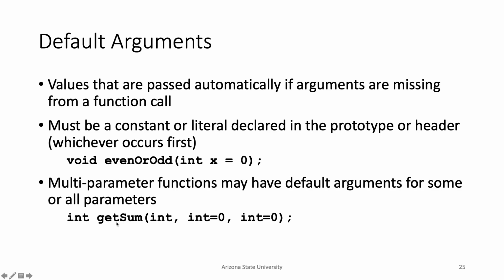So for instance, if I called getSum of 5, what should the function return? 5, because it's adding 5, default 0, default 0. But suppose I call it with getSum of 5 and 2, and I don't put a third parameter. What should it return? 7, because I'm adding 5.